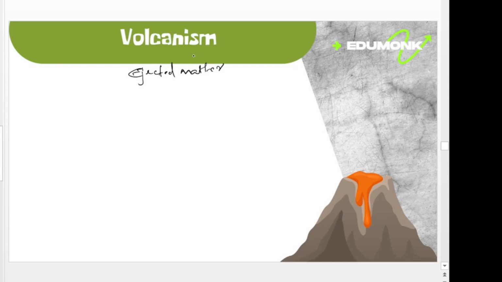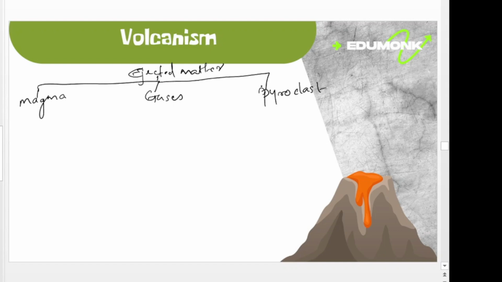Ejected matter can be classified into three. It contains magma, gases, and pyroclast. Ejected matter contains magma, gases, and pyroclast.